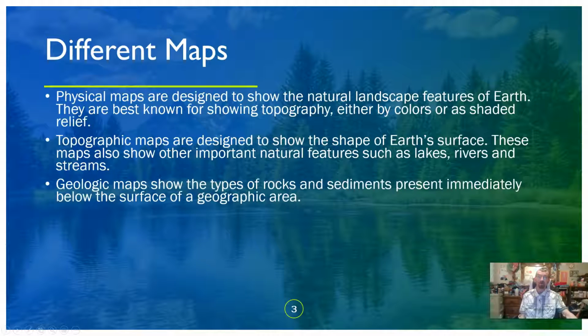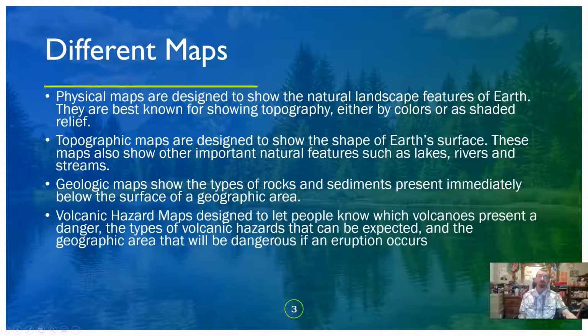You have geologic maps that show the types of rocks and sediments present. This will be really important today as you do your research. There are volcanic hazard maps. These are designed to let people know which volcanoes present a danger, and the types of hazards that can be expected in the geographic area.